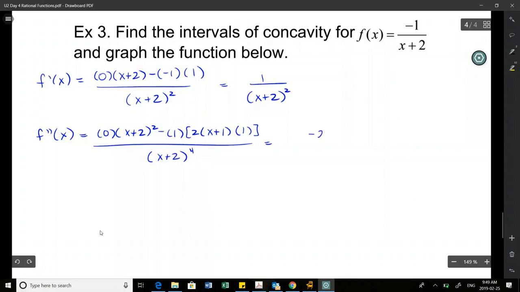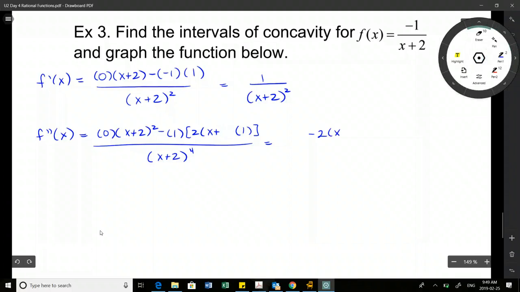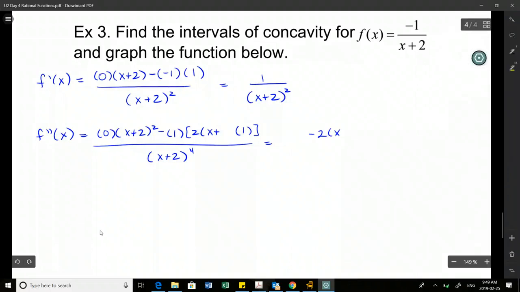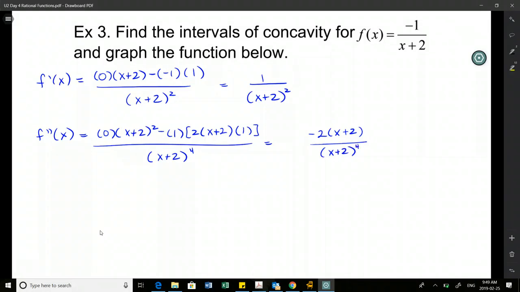So when we simplify, oh, sorry, this is 2, not 1. X plus 2. So when we simplify here, we can actually cancel out one of those x plus 2's.